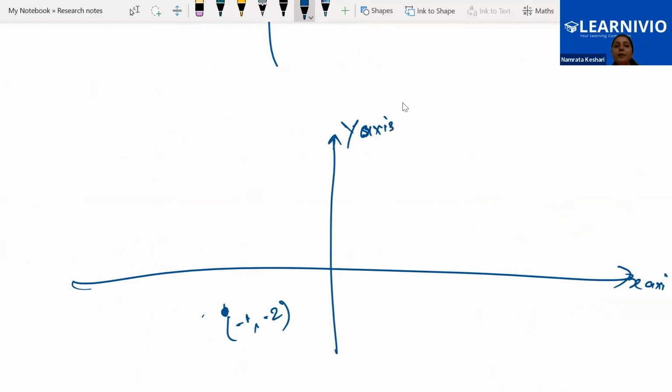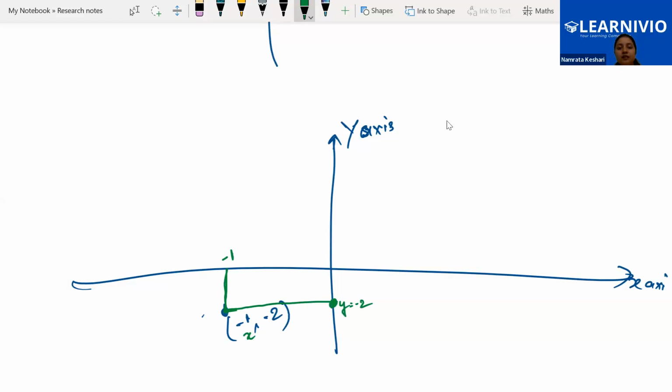If you drop a perpendicular from this point on the x-axis, it must touch the x-axis at -1 only, because x is -1. Can you see? And y is -2. So when we drop a perpendicular from here on the y-axis, it must touch at a point where y is -2. Getting it?